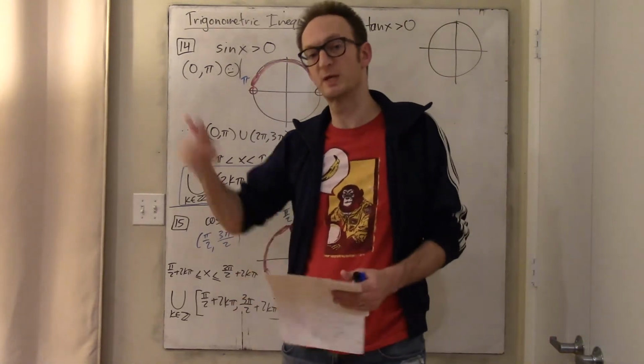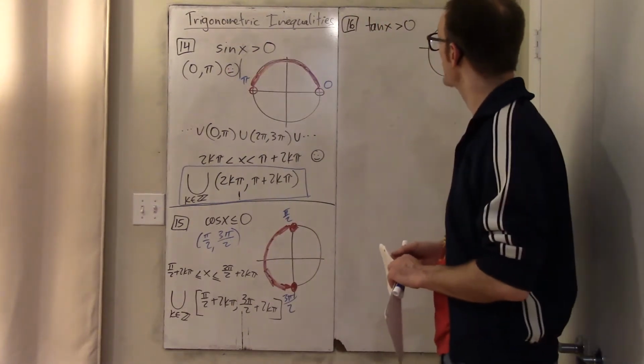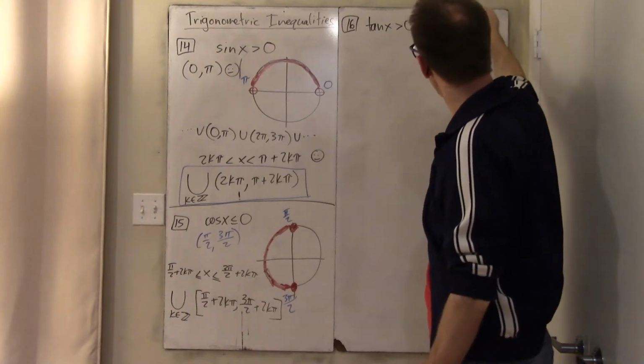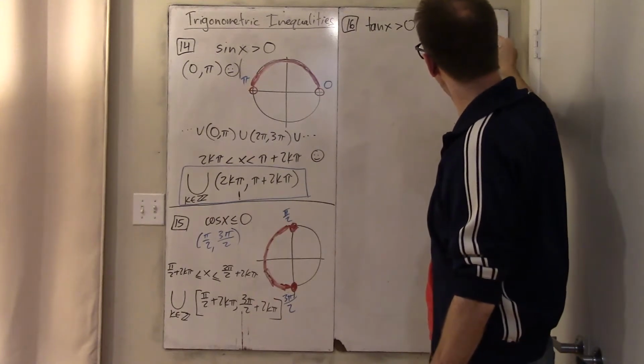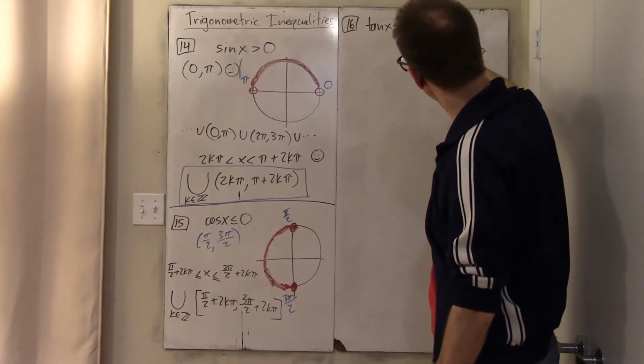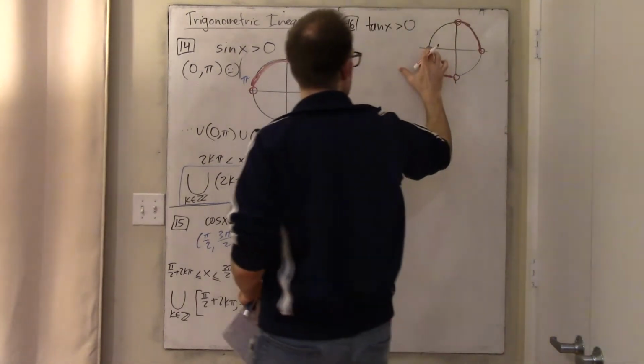It's the ratio between the y-coordinate and the x-coordinate for a point on the unit circle. So tan will be positive when either x and y are both positive, so quadrant 1, or both negative, so that's quadrant 3. And that's all there is to it.